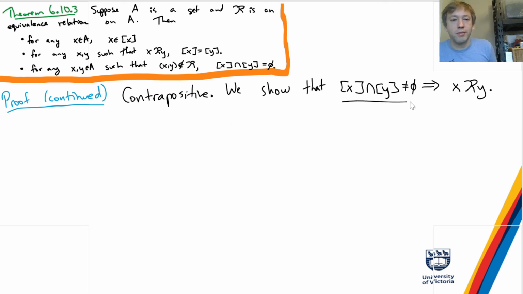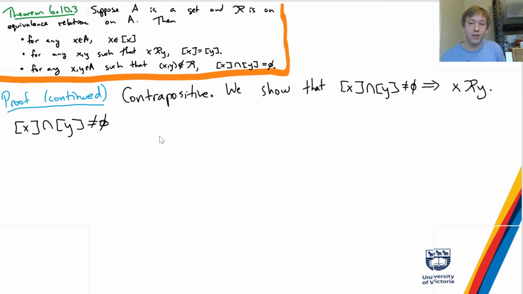Okay, so if we're assuming this, what this means is that if I have these things having a non-empty intersection, so if this is not the empty set, then there's an element which is common to these two sets. So this implies that there exists a z such that z is in the intersection of these two sets.